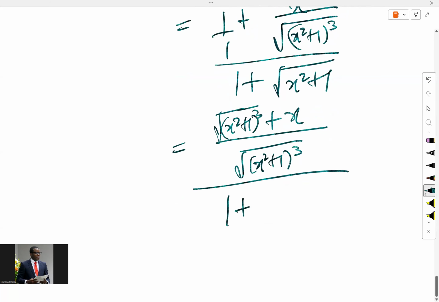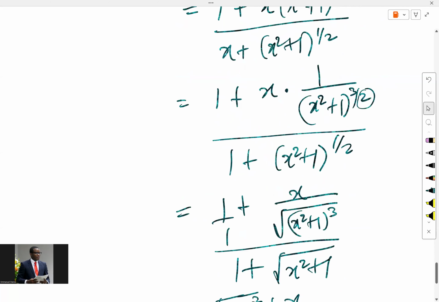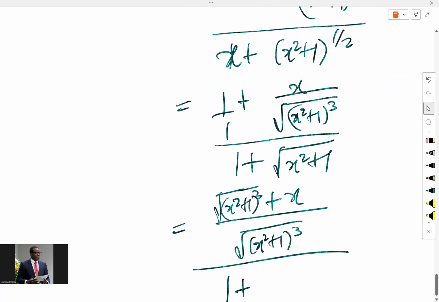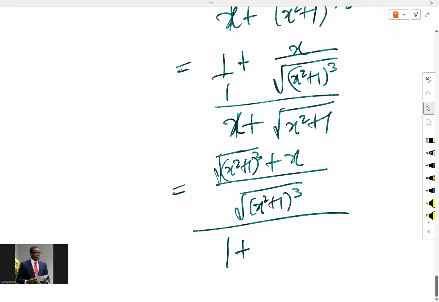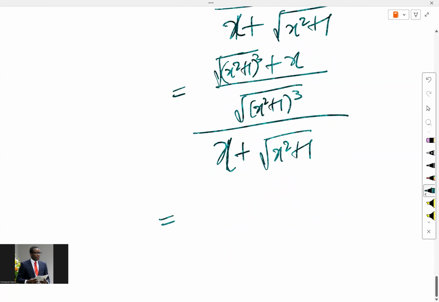That's 1 plus, is it 1 or x? Yeah, it should still be x. This doesn't change, it is still x, sorry. So this is x plus square root of x squared plus 1. So we can do the division. So this is square root of x squared plus 1, cubed, plus x.